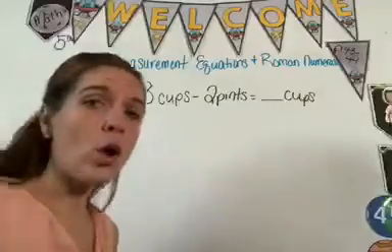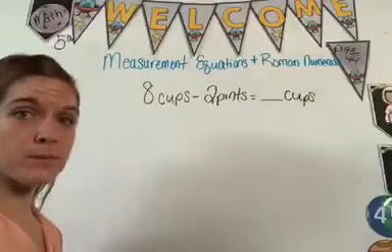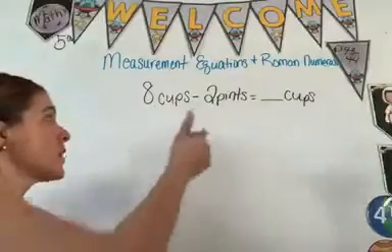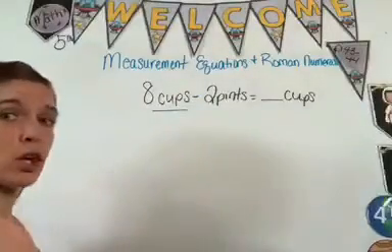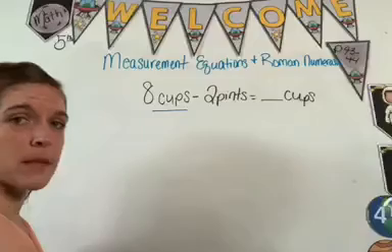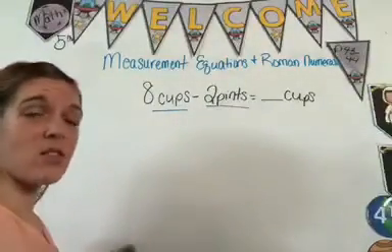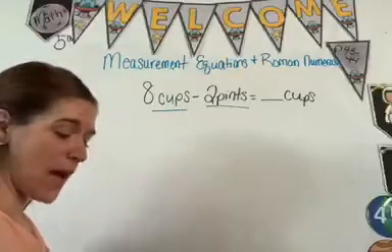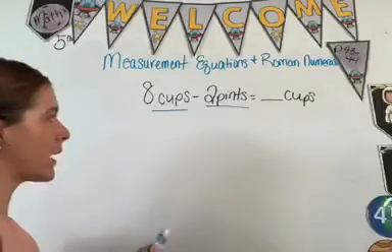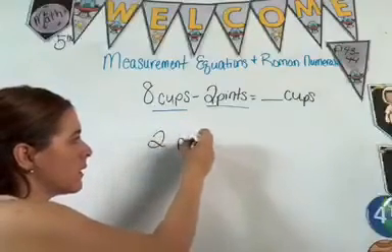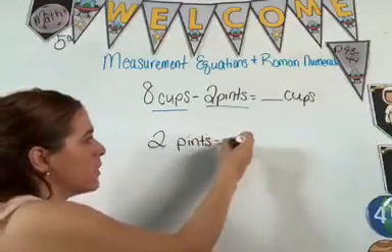Okay, so what we're going to do is we're going to convert. We need to find everything and make sure that they're cups. So this is cups. It's good. We don't have to do anything with 8 cups. Is this cups? No. And that's the one we have to change. Okay, so what are we going to write down? We're going to write 2 pints equals how many cups?